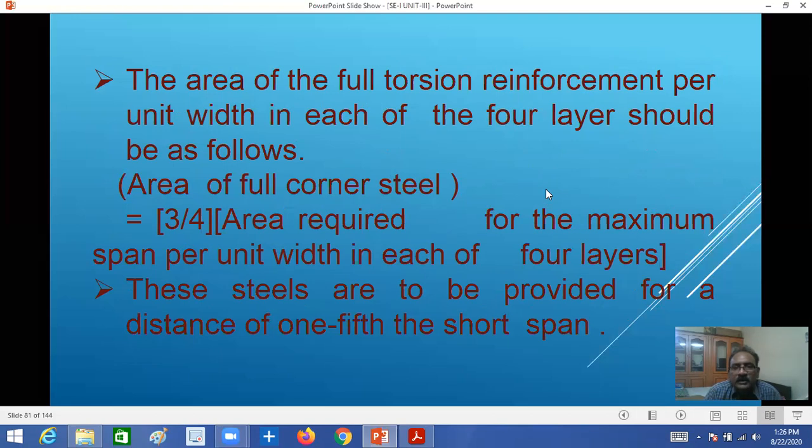The area of full torsion reinforcement per unit width in each of the four layers, if it is a simply supported slab, should be 3/4 of the area required for the maximum span per unit width in each of the four layers. At the top you have to provide a mesh as torsion steel. These steel bars are provided for a distance of 1/5 of the shorter span.